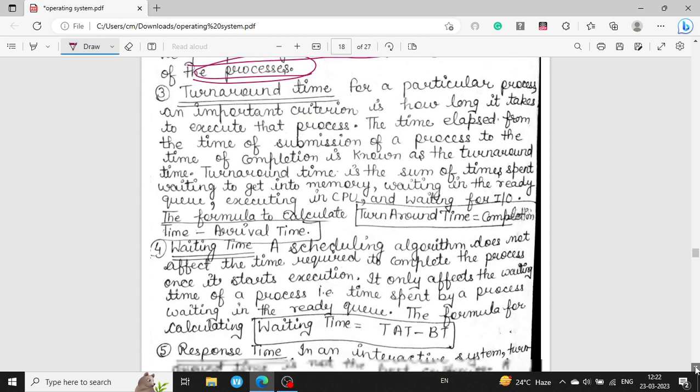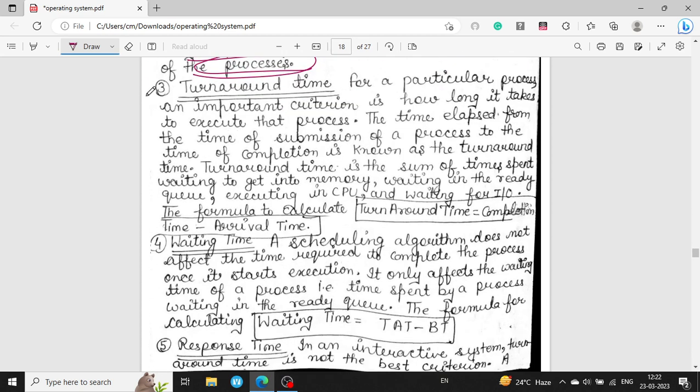Next is turnaround time. What is turnaround time? Turnaround time for a particular process is an important criterion: how long it takes to execute that process. The time elapsed from the time of submission of a process to the time of completion is known as turnaround time.